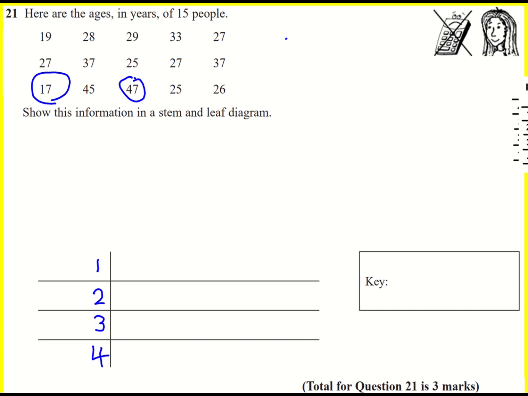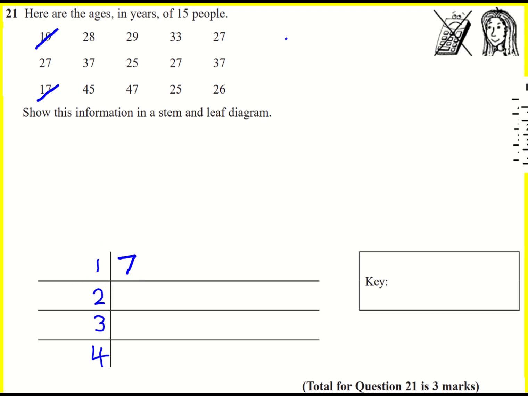And then we need to think about all the numbers that are in the tens. So I can see 17 and I can see 19. We need to show this in ascending order, which means going up. So 17, and just in case you don't know, it's been split up, but together that represents 17.